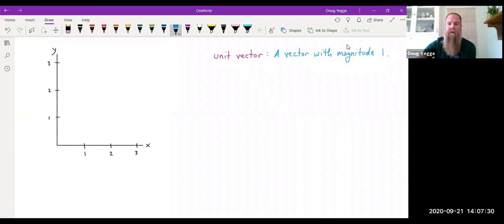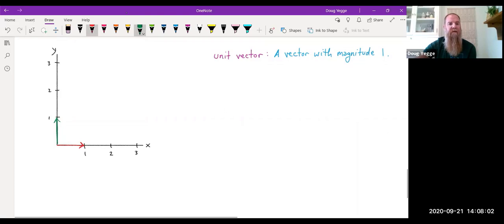Now, one important aspect of physics a lot of times is being able to find a unit vector. A unit vector is simply a vector with a magnitude of 1. And there are 2 very special unit vectors. One of these is the horizontal unit vector, that's 1 unit long. And the other important unit vector is the vertical unit vector, that's also 1 unit long.